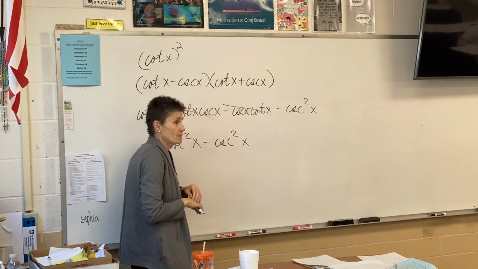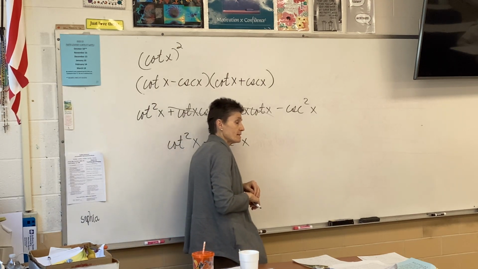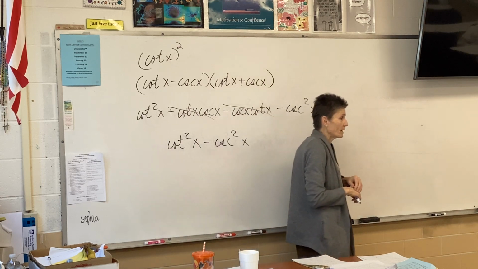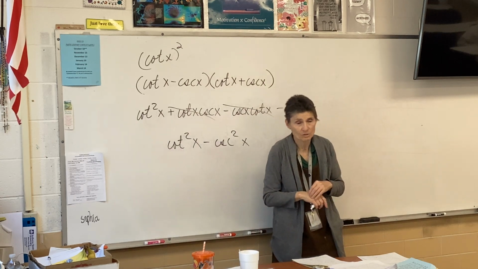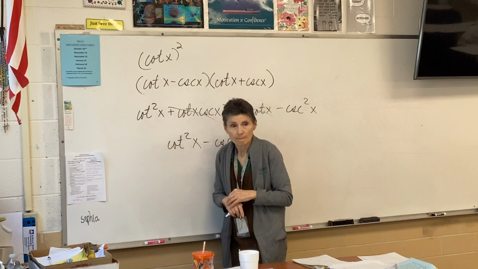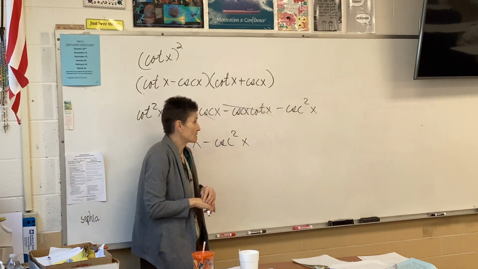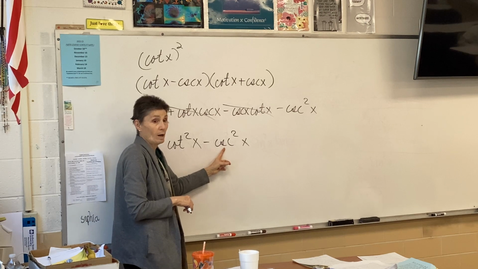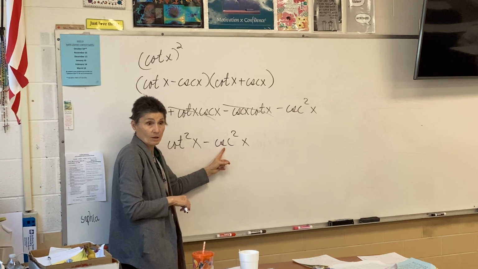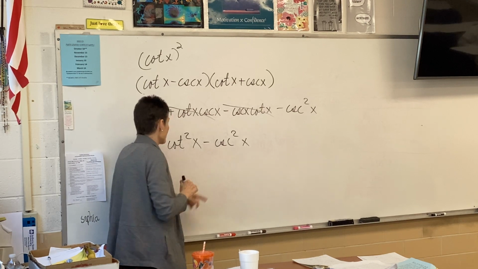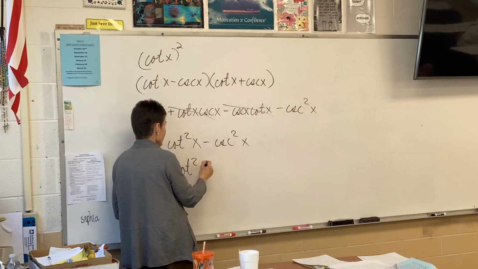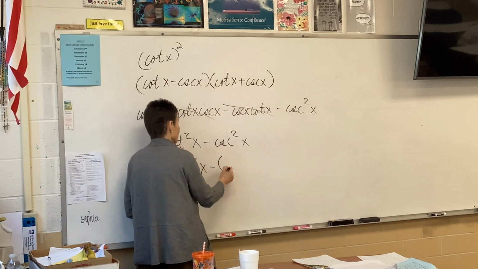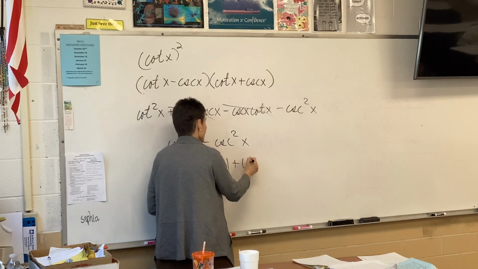Well, let's look on our sheet. Do we see a cotangent squared or a cosecant squared anywhere? Cosecant squared equals 1 plus cotangent squared. So this guy right here is 1 plus cotangent squared. So what if we did this? What if we said minus 1 plus cotangent squared?